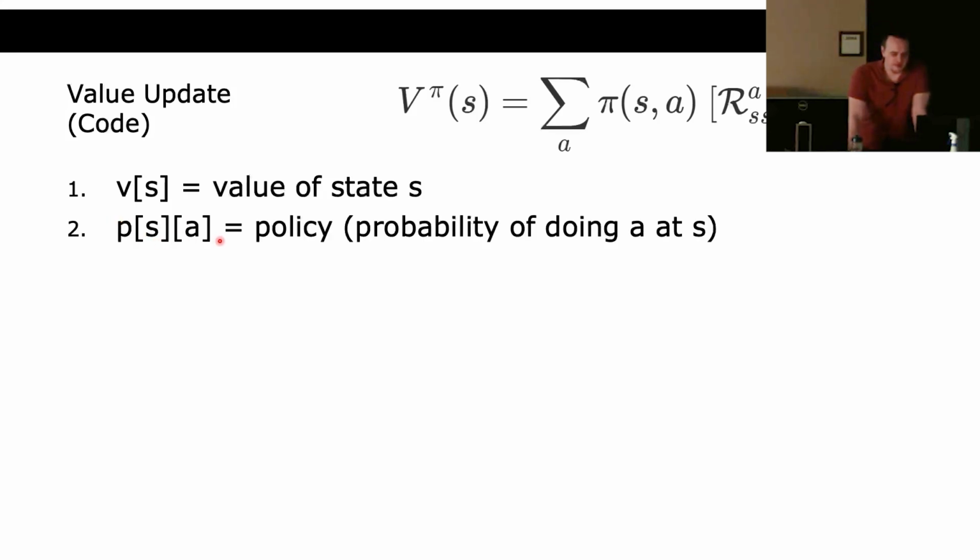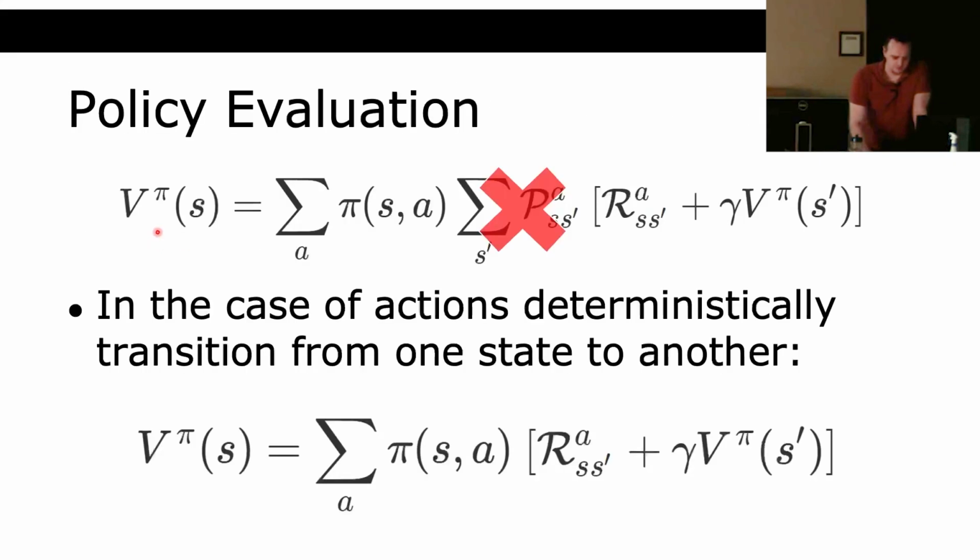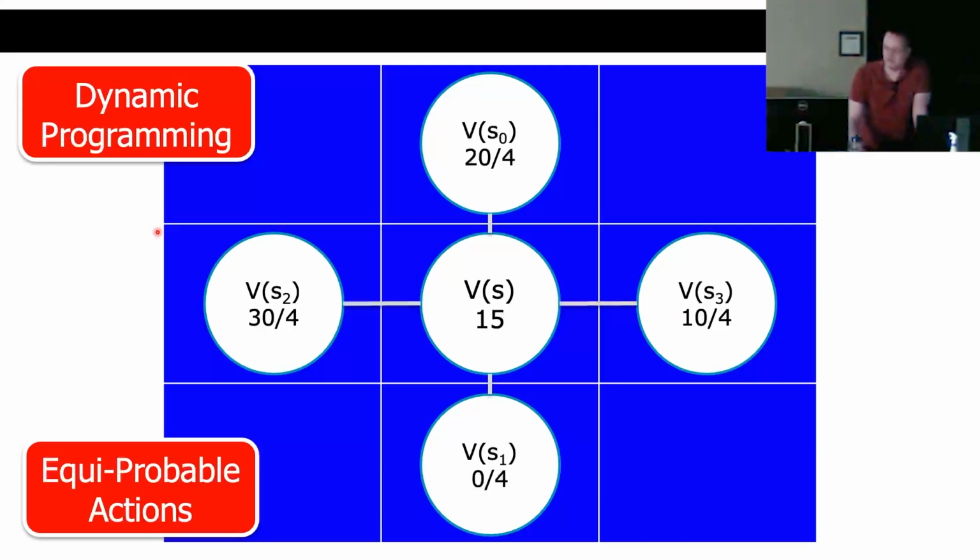P of s,a, that's going to store the 2D array. Policy is what is the probability of doing action a at state s, right? So if we go back to this example, then our P array for this state is going to have 4 values, and they're all going to be 0.25, right? Because that's our probability of taking each action.